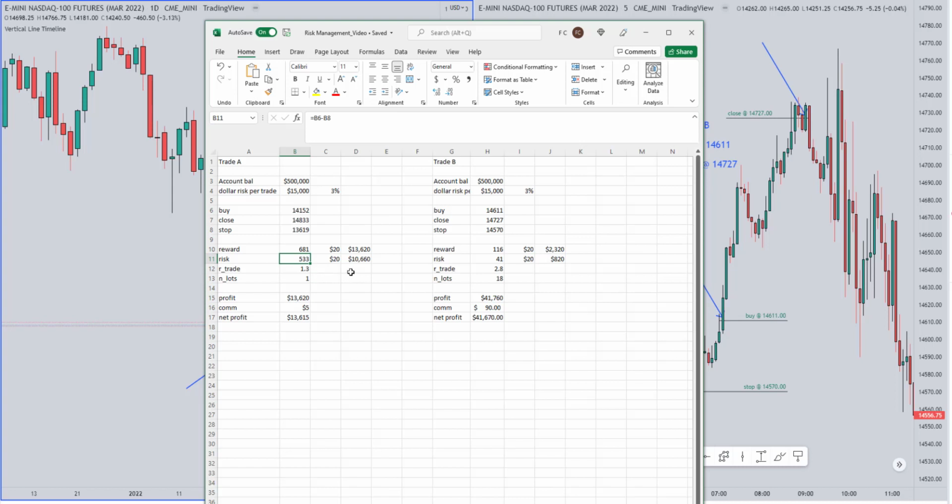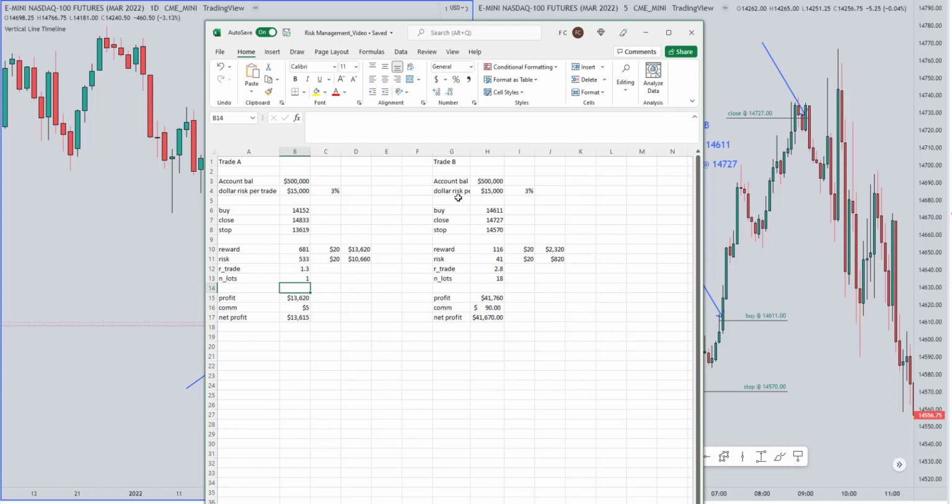So, okay, this guy or girl has taken one lot. Why one lot? Well, it's sort of the ratio of you've got $15,000 and you've got 11,000 of risk. You can get about 1.4 lots in there, but because you have to use whole integer numbers, 1.4 lots becomes 1 lot.